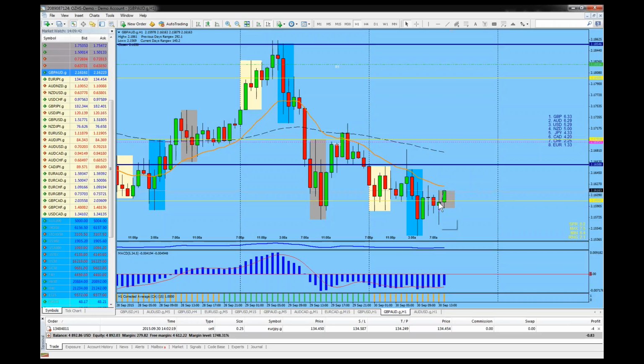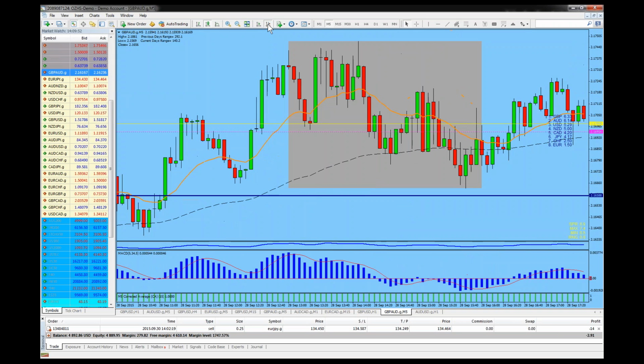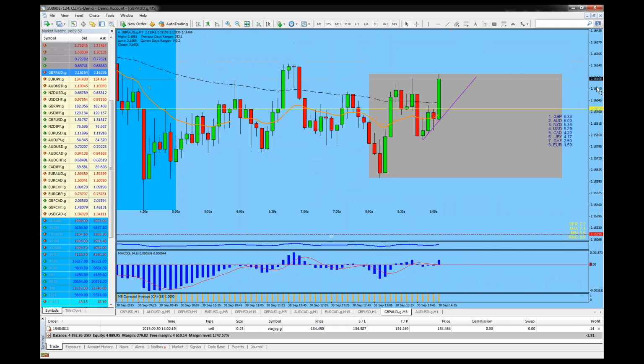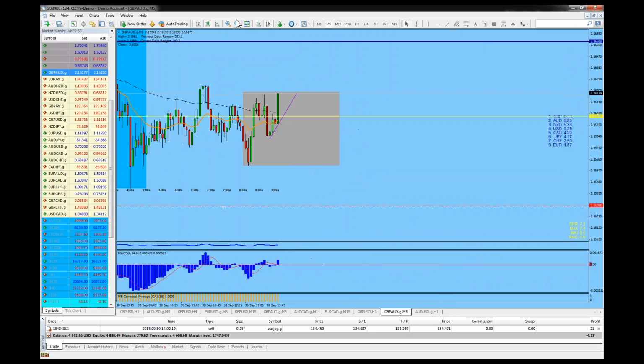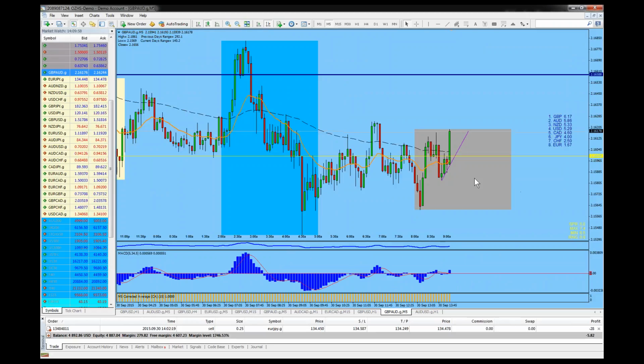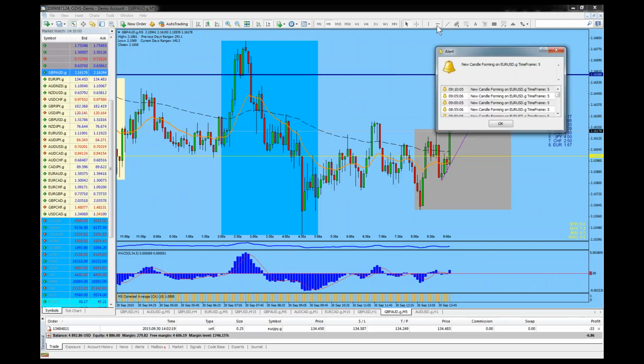So until these break, and how wide is this price trap? That's 50 pips. We may be able to get something going on a bounce back and forward. Let's go back to the 5. Bring this down, squeeze this in a bit. Okay, new candle. I'll come back to you later.